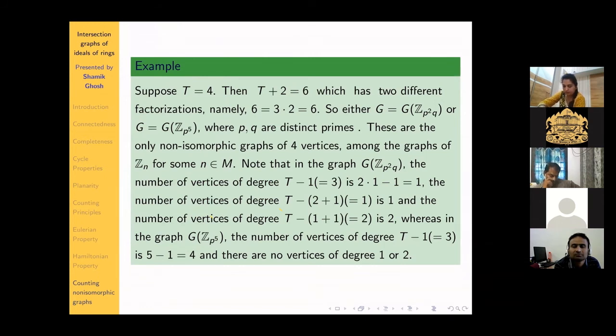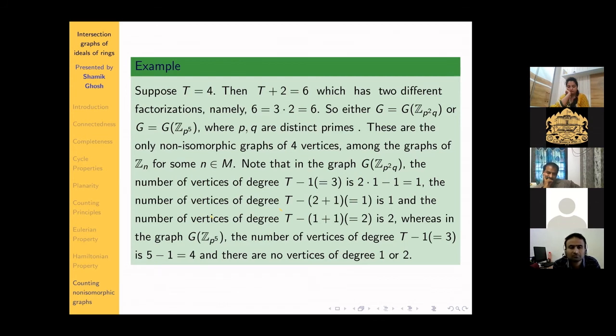For example, suppose we take 4. Suppose we want to know how many intersection graphs of ideals of rings have 4 vertices.